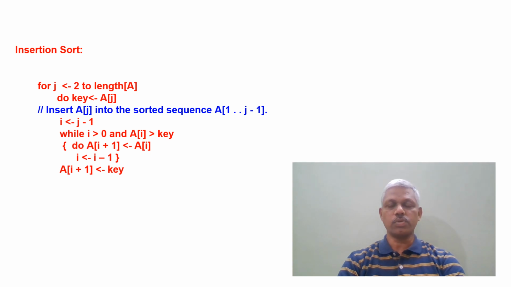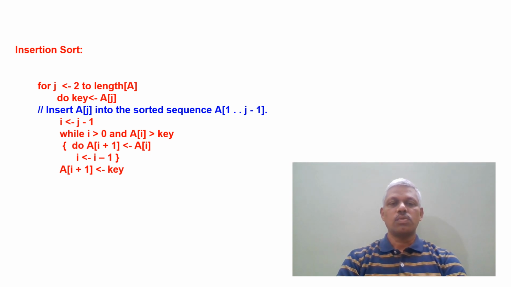That's how the algorithm proceeds. Starting from j minus 1, the index i will keep on moving lower down to 1 ultimately. So while i is greater than 0 and A[i] is greater than the key, we keep on swapping: A[i plus 1] is equal to A[i], and so on.